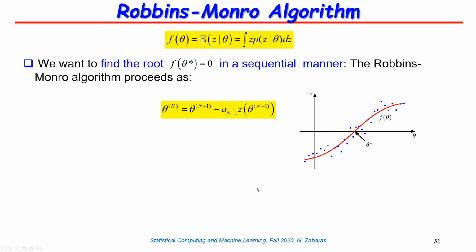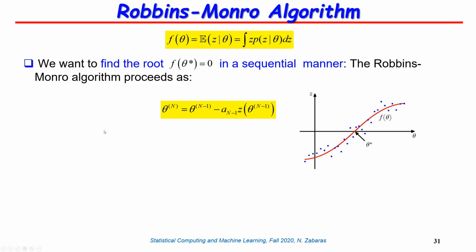Effectively, to compute the zero, you iterate the algorithm that you see on the second formula. So you use your values of the parameters at the previous iteration minus some learning coefficient that may vary per step times z evaluated at the previous estimate for the parameters.